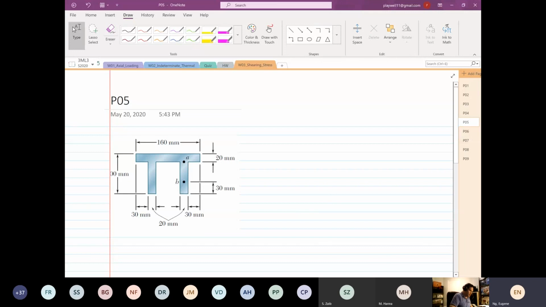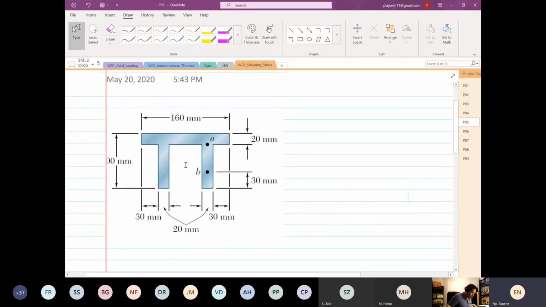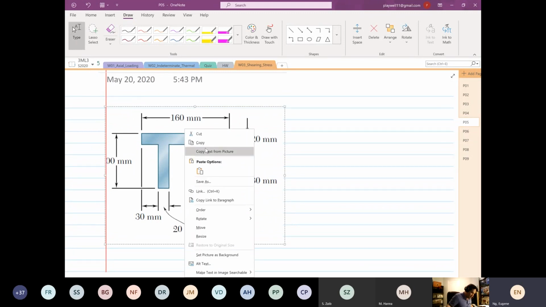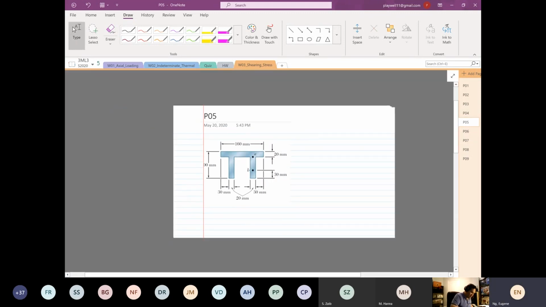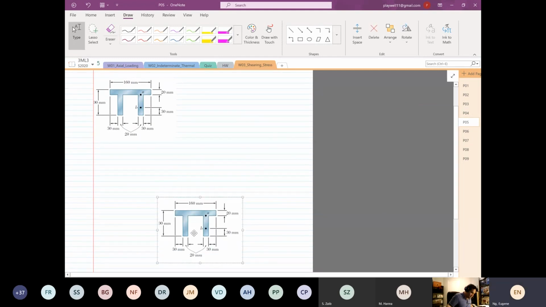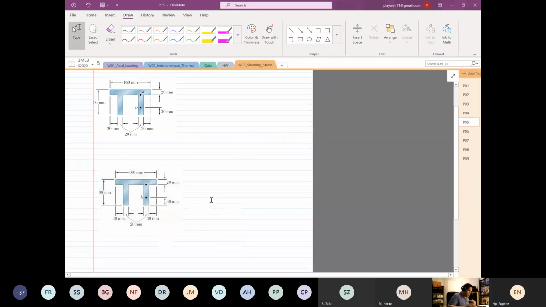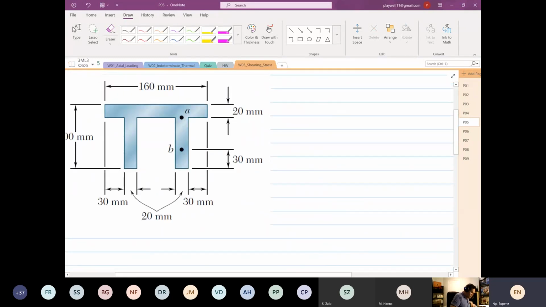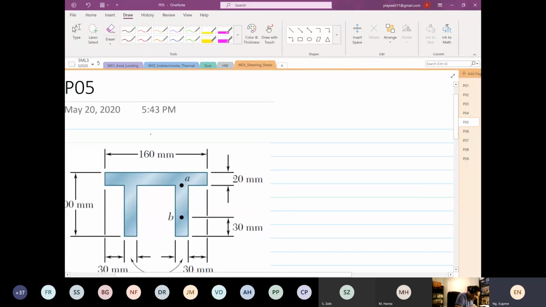Okay, so this is our structure again. I'm going to copy it and paste it in other places because I'm going to use this figure very intensively. So when your shear force is acting in this direction, the horizontal part is always known as the flange.